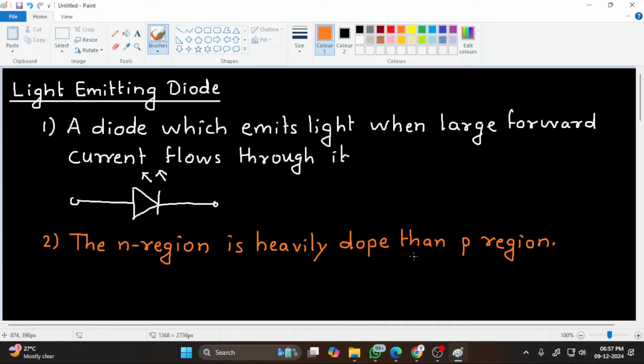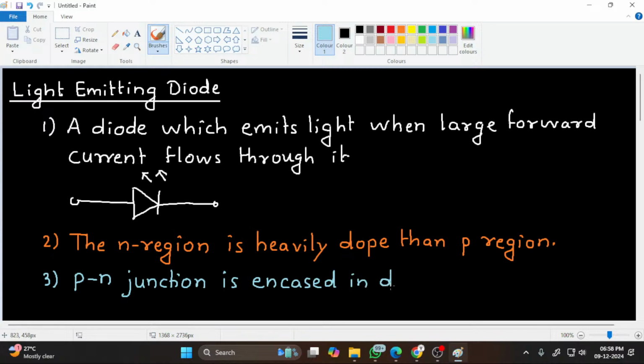The PN junction is encased in a dome-shaped transparent case, so that light can come out of that.